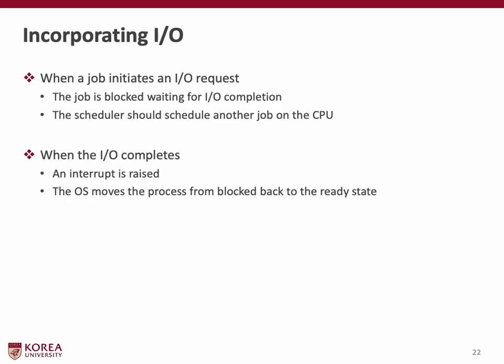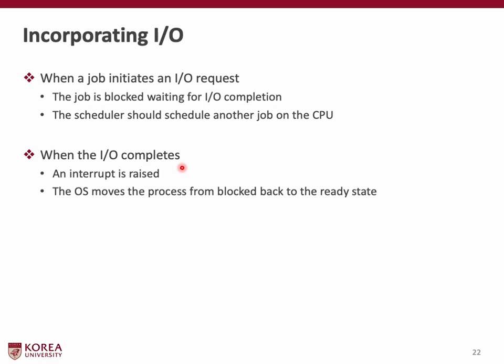Okay, then this slide shows what I've explained in the previous slide. When a job performs an I/O request, it can't use the CPU. So it moves from the running state to the blocked state. Then the scheduler picks another job from the ready queue to keep the CPU busy. And once I/O completes, the device sends an interrupt signal to the CPU.